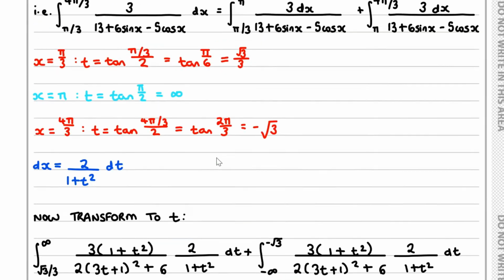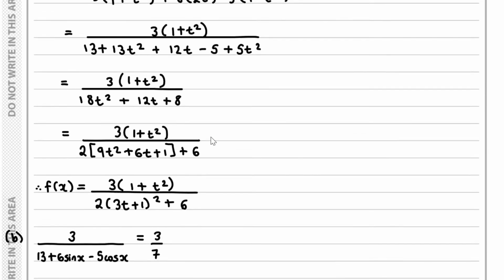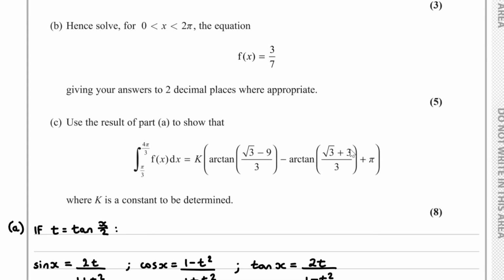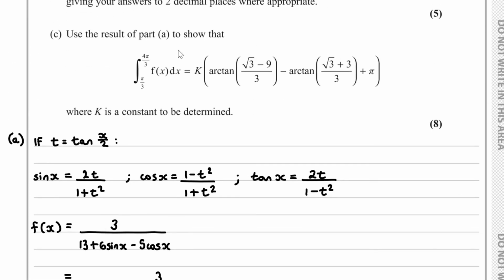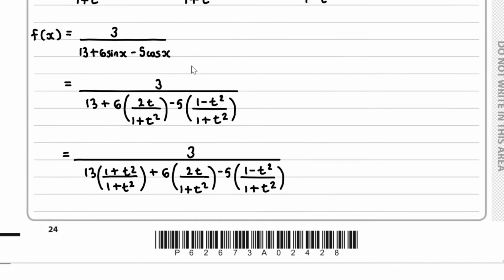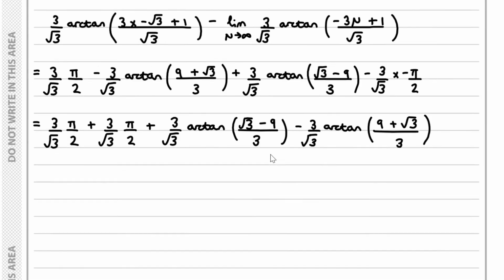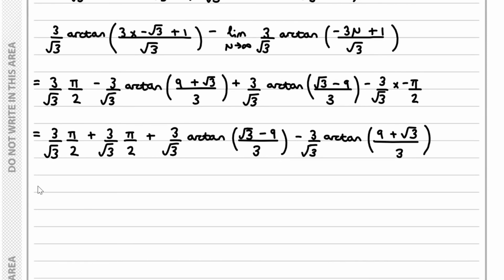So if we go back to our show that, we have something looking like the result which we want to show, and what's happened is k has been factored out, and you can see here the common factor is 3 over root 3.